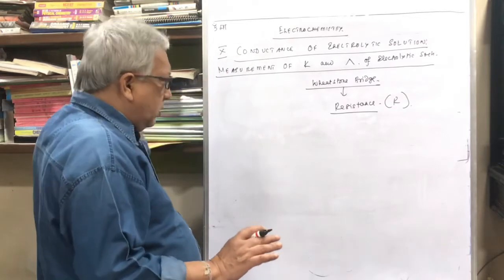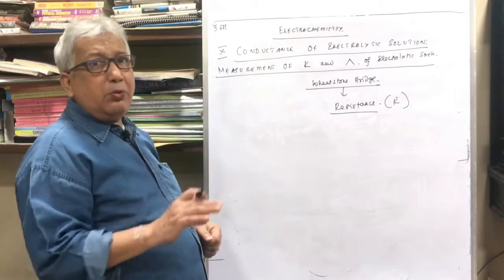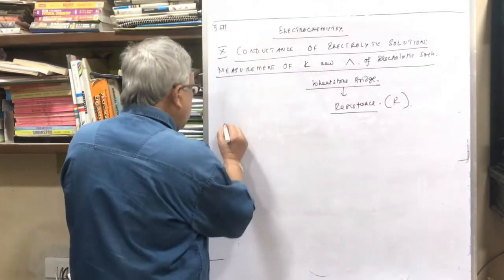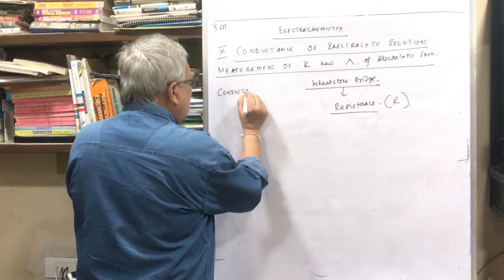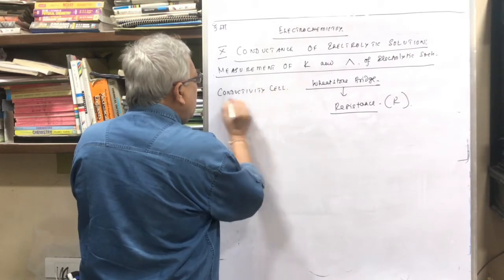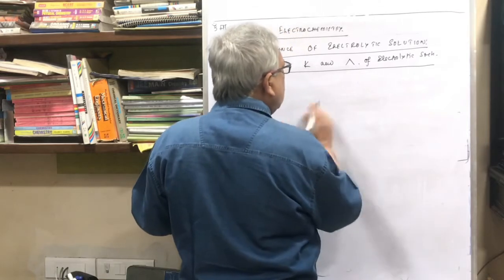Now when you do it, the one essential instrument that you have to use is called the conductivity cell. Now what is a conductivity cell? A conductivity cell is basically made up of two platinum electrodes inserted into a glass tube.